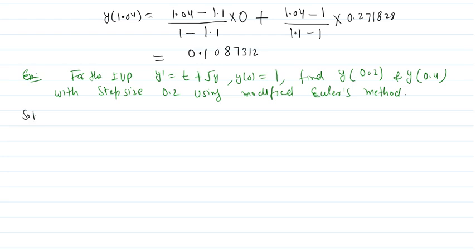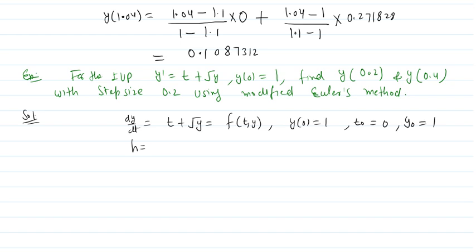So in standard notation I have dy by dt equal to t plus under root y. So this is my f, and y0 equal to 1 means t0 is 0 in the beginning and y0 is 1. Okay, so step size is 0.2. So you need to find the solution at 0.2 and 0.4. So first point is t1, that is t0 plus h, so 0 plus 0.2, which is 0.2.